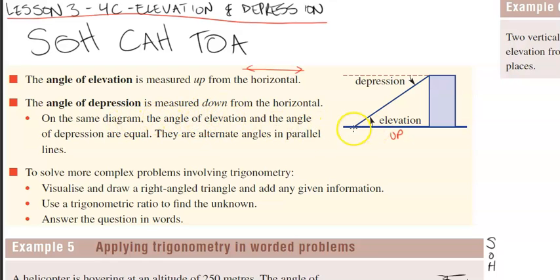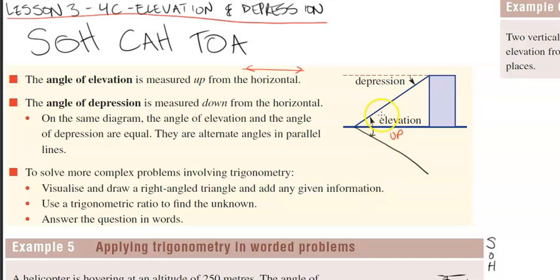So this horizontal, you can draw as many horizontal lines as you wish until we get to maybe the top of a building or the top of some context. This technically still is a horizontal. When we measure down from this horizontal, we have the angle of depression. So technically speaking, I can draw a line that goes from here to here, like so, and this angle here can also be considered the angle of depression.